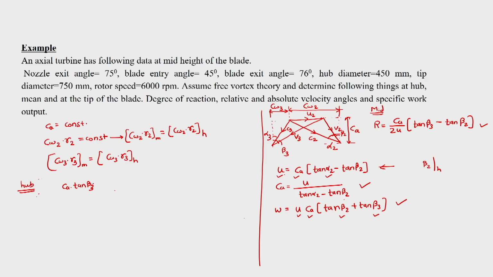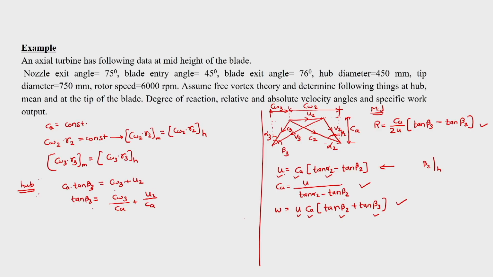So we will say Ca into tan beta 3 at hub is equal to CW3 plus U2. So basically this is what Ca tan beta 3. So we have tan beta 3 is equal to CW3 upon Ca plus U2 upon Ca.